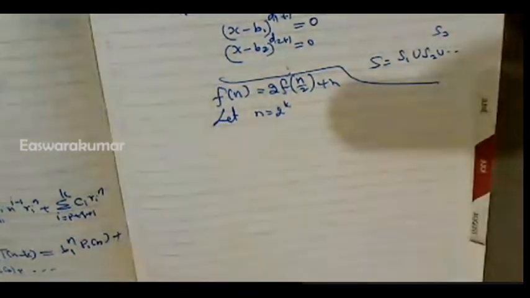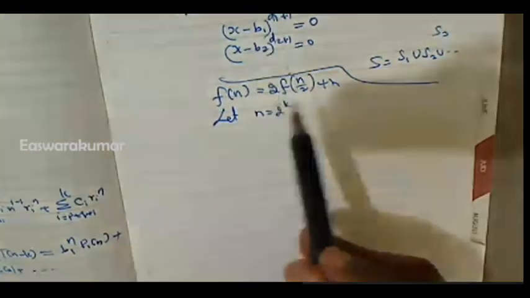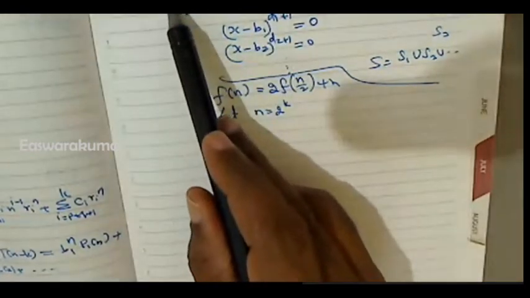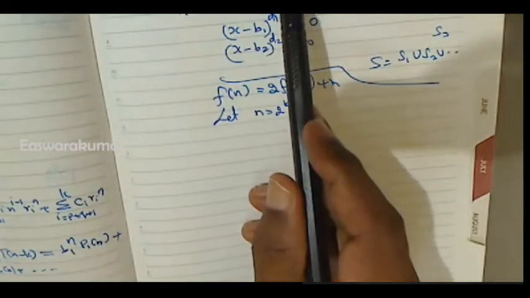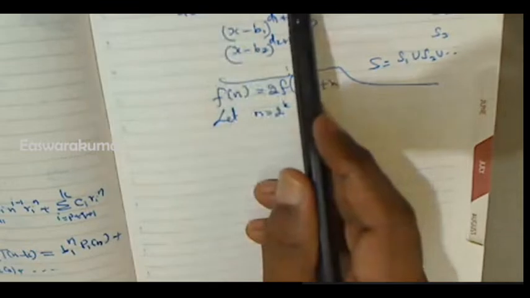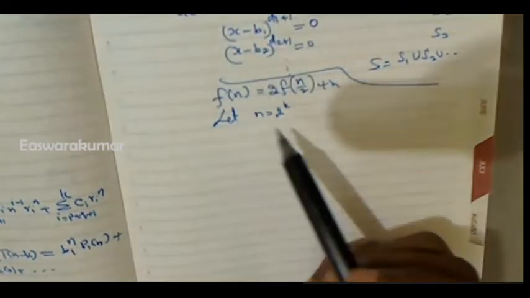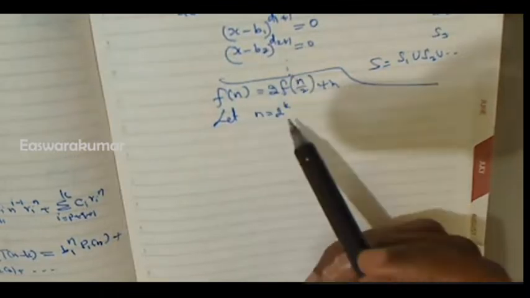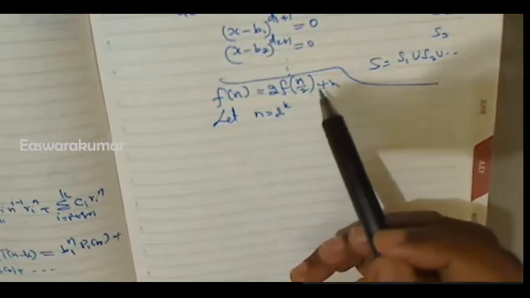Why we want to do that is because directly we cannot apply this. These formulas are saying t of n minus 1, t of n minus 2, something like that. It is not like n by 2, right? So we have to bring it to that particular format. Only then can we apply it. To bring it to that format, we are substituting n is equal to 2 power k.